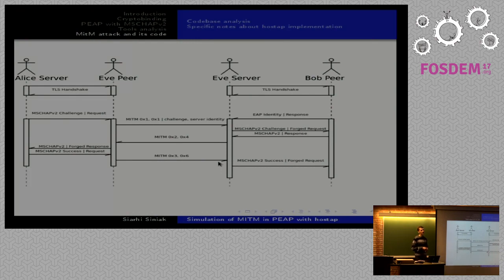The platform is called CloudCracker, if I'm correct, and it utilizes FPGA nodes. In this simulation, I was interested in proxying the MS-CHAP credentials from the Bob peer to the Alice server and backward.